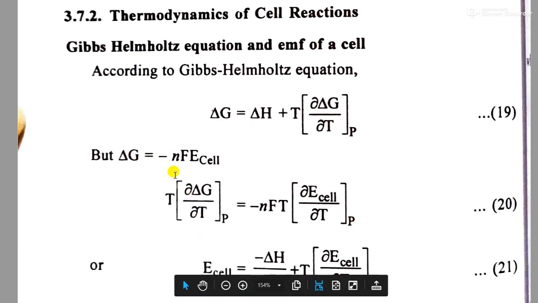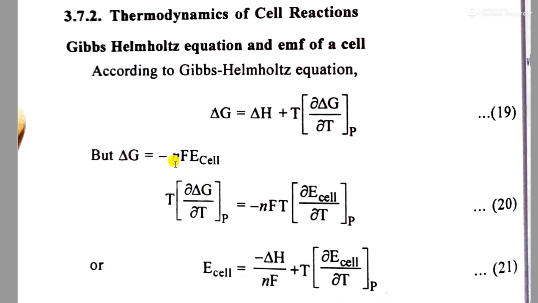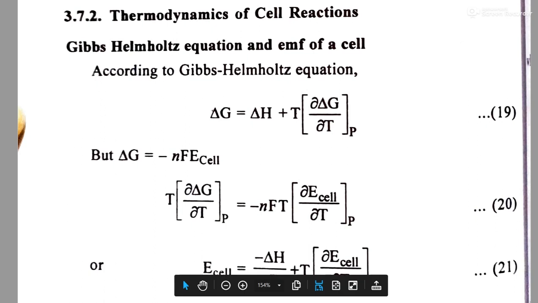So we are putting the value of delta G directly here. So here we know that n and F are constants. Therefore we take the term outside the square bracket, that is minus nF will come outside the bracket, and we get this equation 20 here.